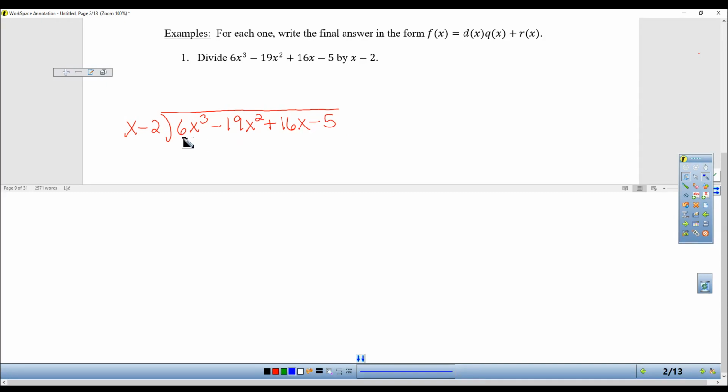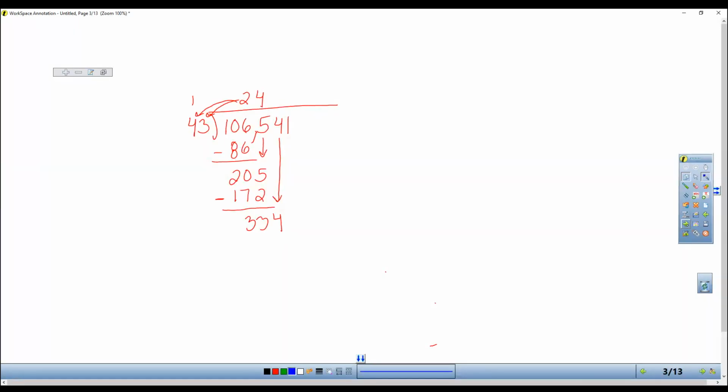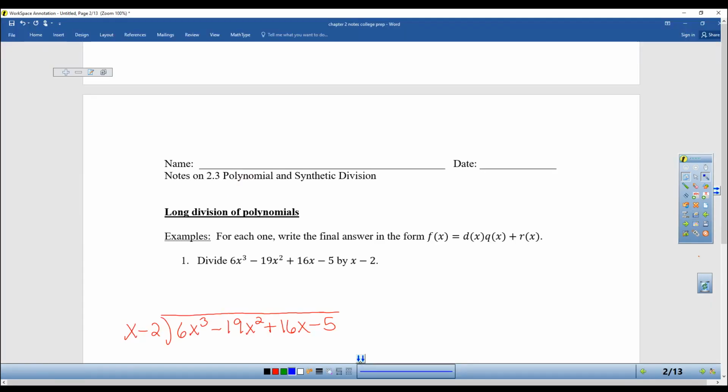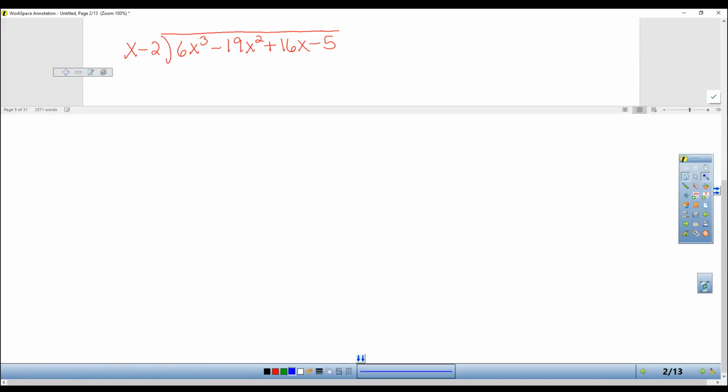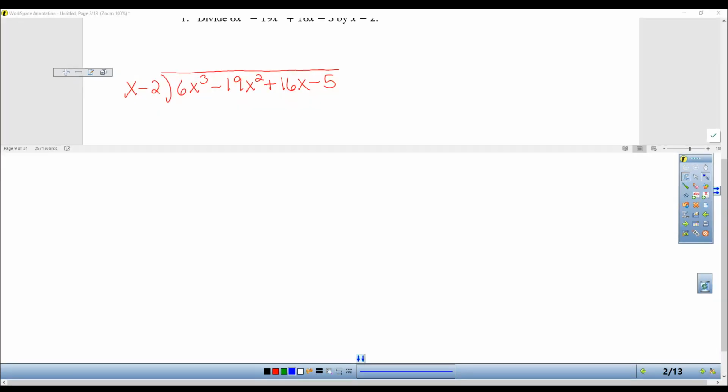So the question is, how many times does x go into 6x cubed? What's super nice is that unlike this one where you had to actually sit there and say, how many times does 43 go into 106, and maybe be a little bit good at math, you never have to do that with this one. You can always just off to the side do 6x cubed divided by x.